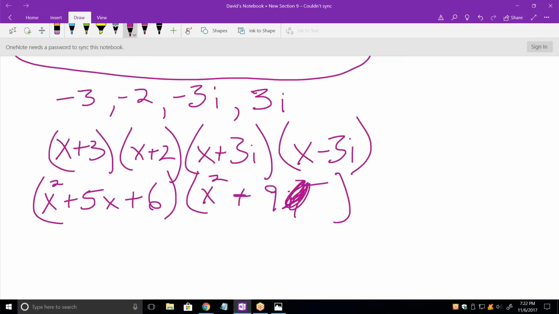Now, I don't know. Here we have a trinomial times a binomial. I don't know that it necessarily makes it any easier if you put the binomial in front. Use the same process. And by that I mean start from the left and finish each term before you go to the next term.